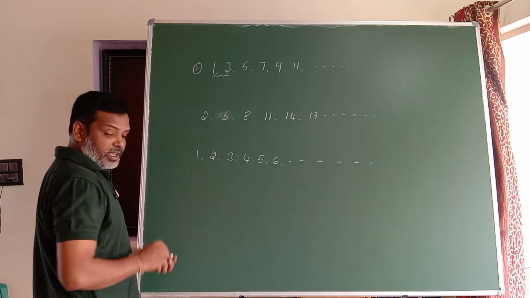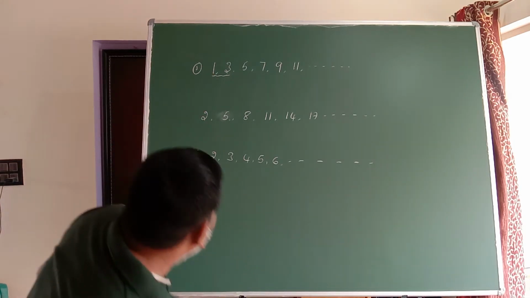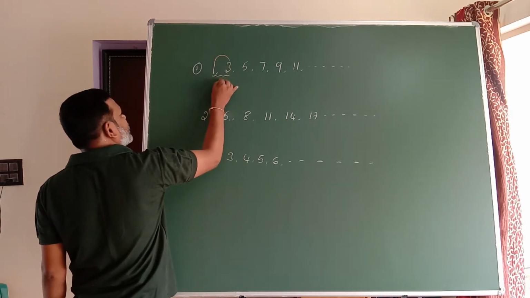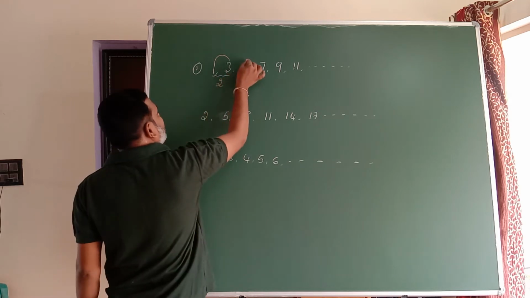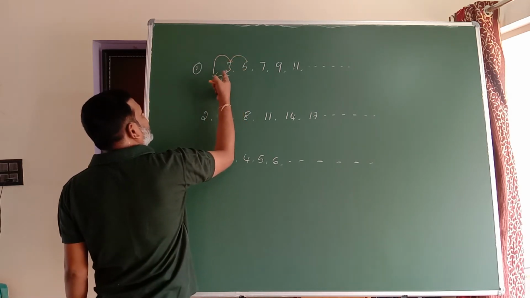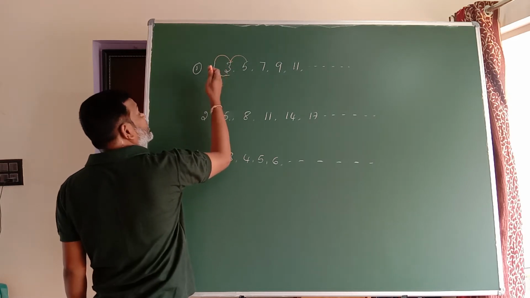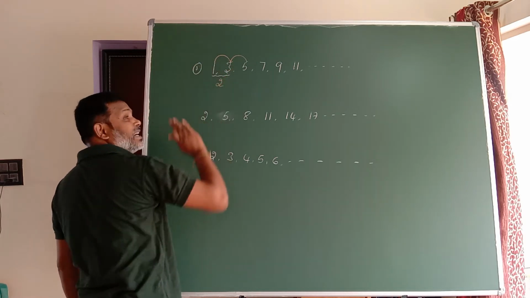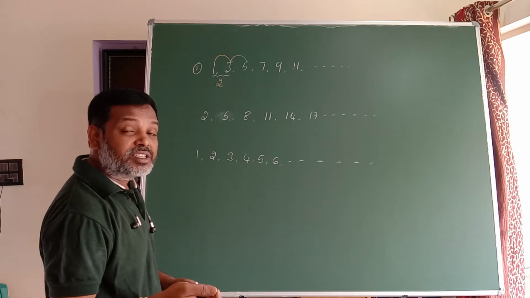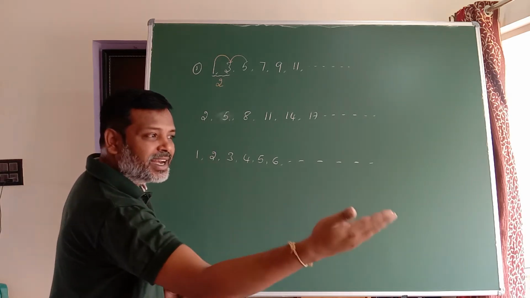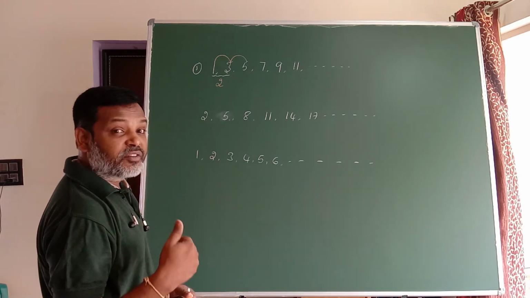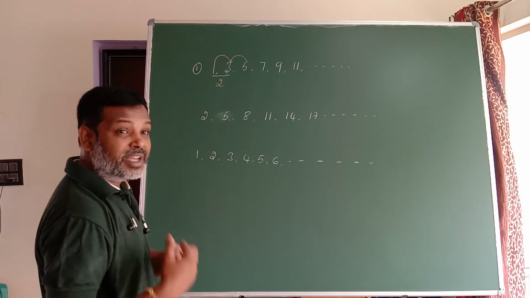Take the difference: 3 minus 1. Take the difference of 5 and 3. That means we have to take the difference of the next term and its previous term.